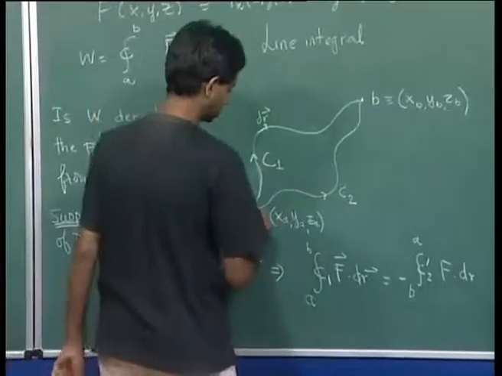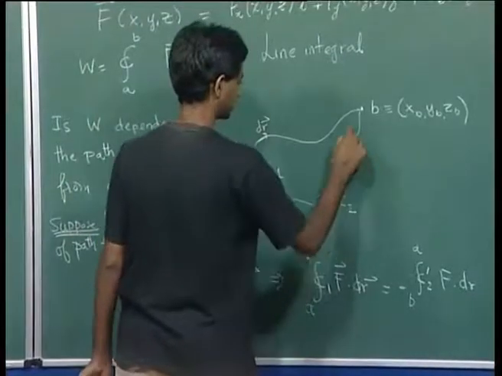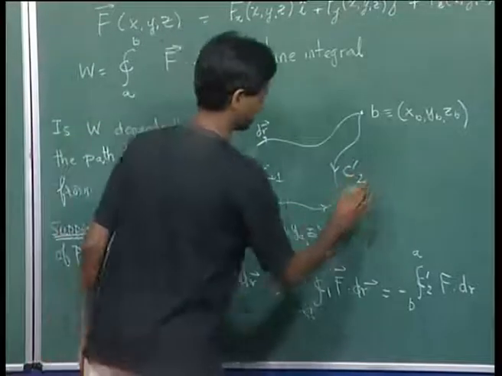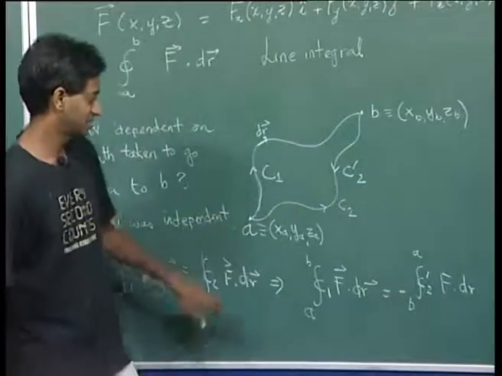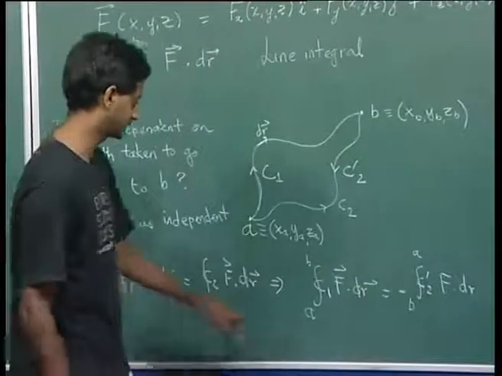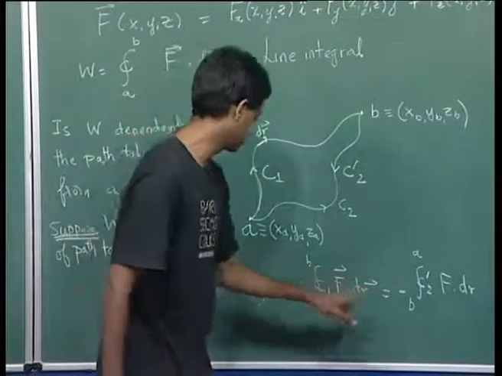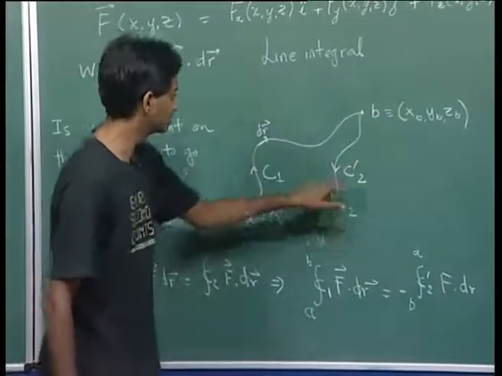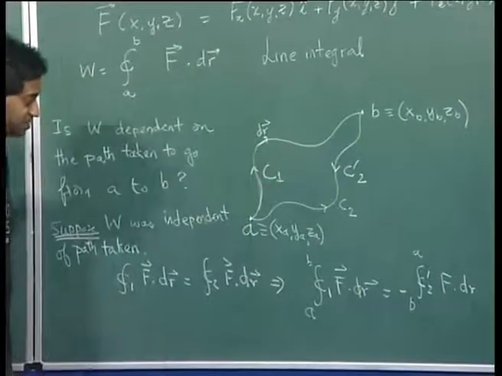C2 goes from A to B along this path. C2 prime goes from B to A backwards along the C2 path. Okay, so if C2 is in this direction, C2 prime is in this direction, and the limits of integral are from B to A. And it's fairly obvious that this integral going from A to B of F dot dr along C2 should be the negative of the integral going from B to A of the same F dot dr.